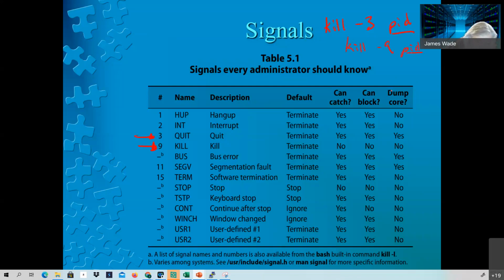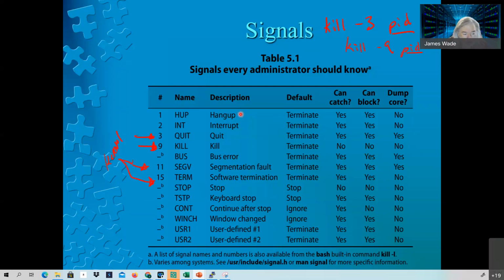It just terminates it. Okay? It just terminates it. Segmentation fault. This is what the kernel sends a lot of times. Kernel sends that one. And the kernel also sends this one. Usually when something's wrong, the kernel will use this. And then you can see some others down here, user defined.